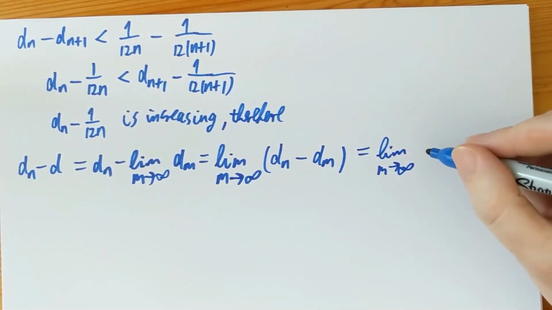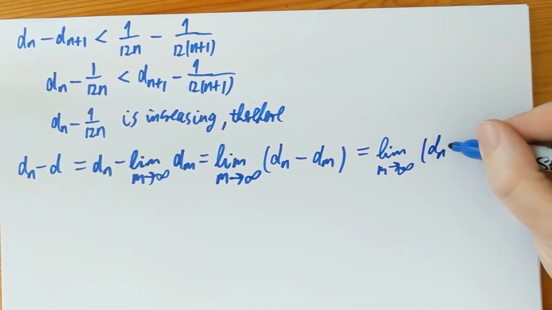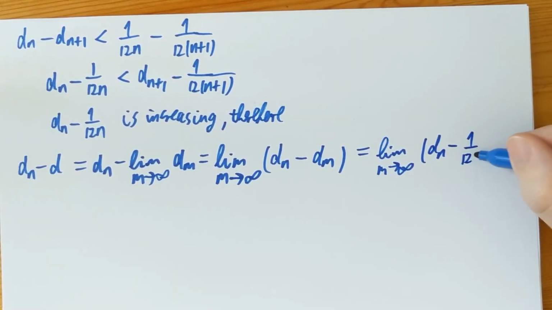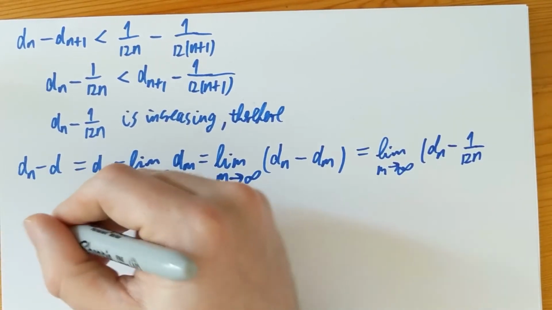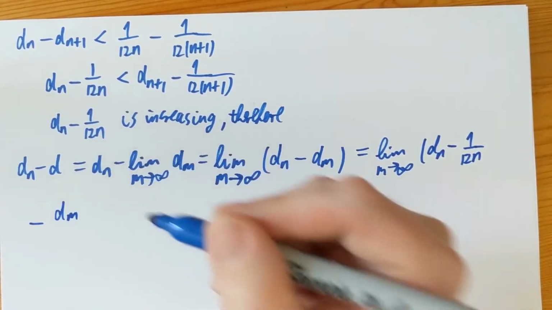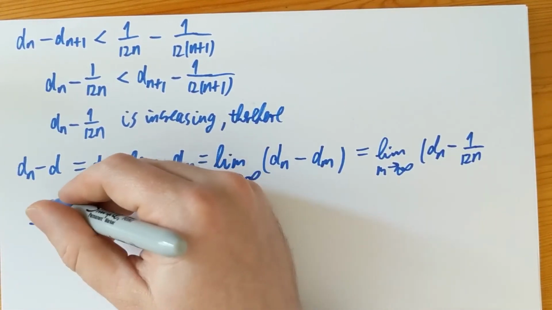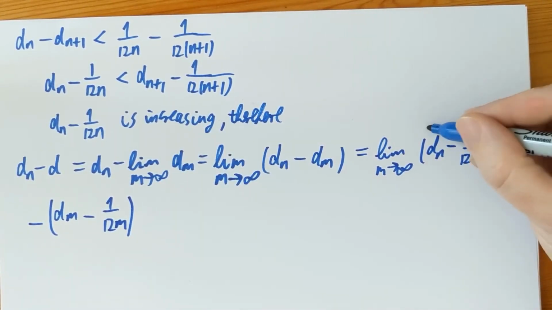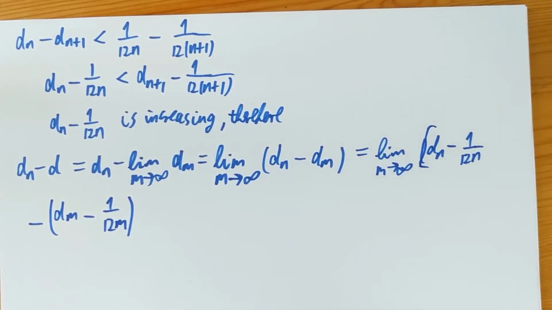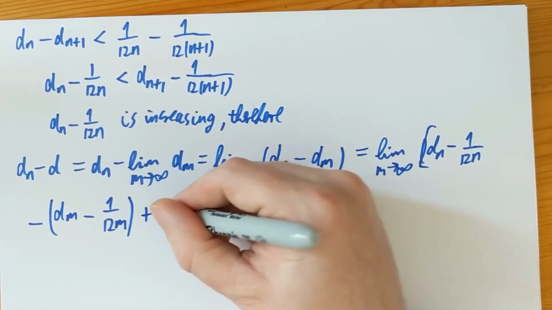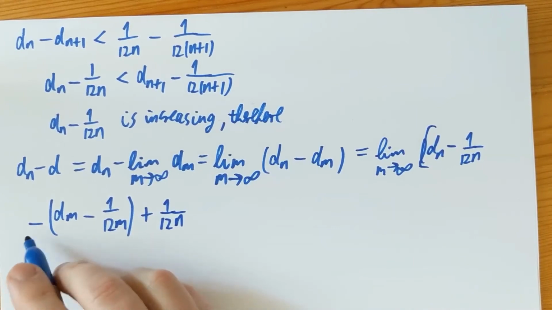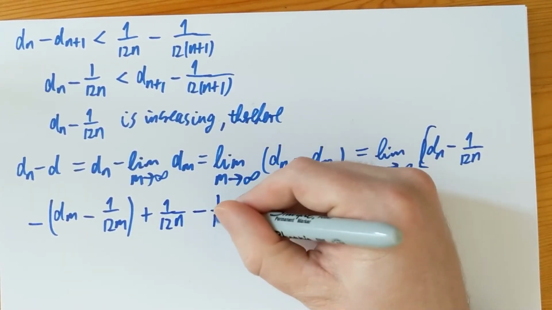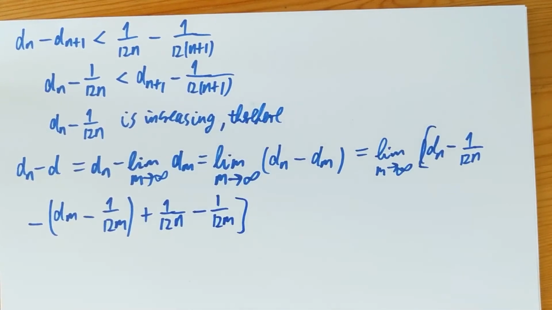And for that reason, I'm going to subtract 1 over 12n from dn, and I'm going to also subtract 1 over 12m from dm, but of course it's not equal now because I subtracted in artificially 1 over 12m, so I have to add that back, and I added 1 over 12n, so I have to subtract this. Okay, and now comes the point about dm being increasing.